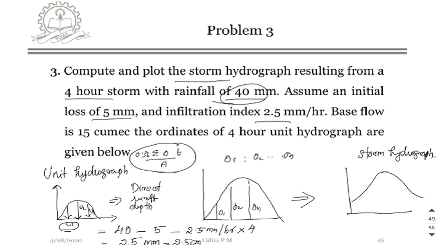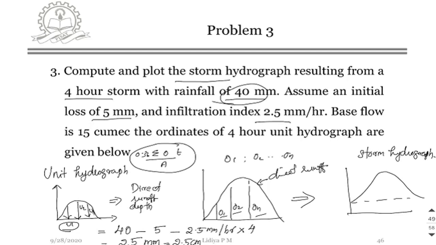So this represents only the direct runoff. We have to get the storm hydrograph that includes both direct runoff and base flow. So add base flow to these ordinates, and you will get the storm hydrograph.